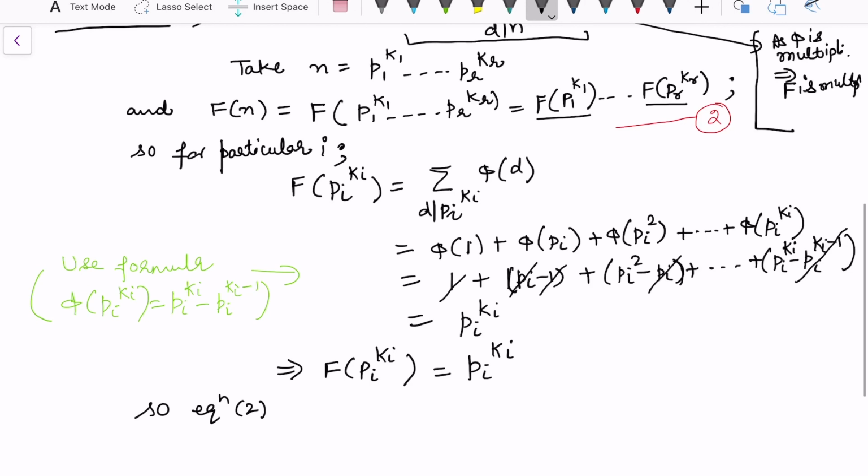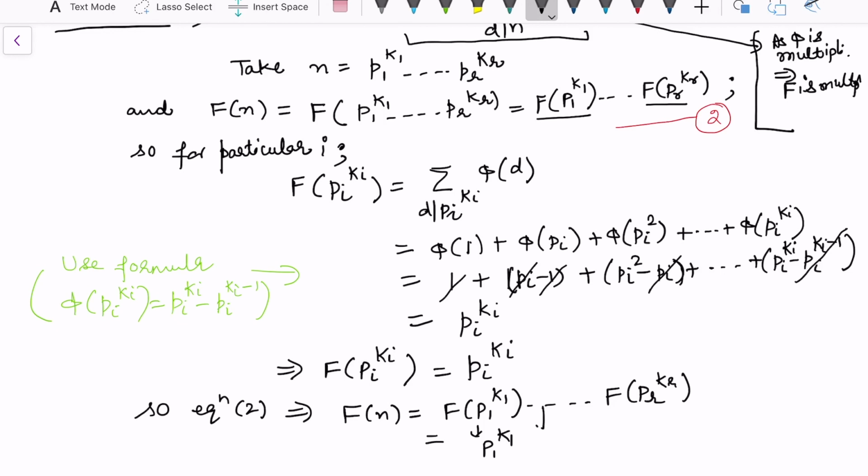So what does equation 2 imply? We had f of n as the product of f of p1 to the power k1, and so on, up to f of pr to the power kr. So this will turn out to be p1 to the power k1, the next term will turn out to be p2 to the power k2, and the last term will turn out to be pr to the power kr, which is nothing but n.